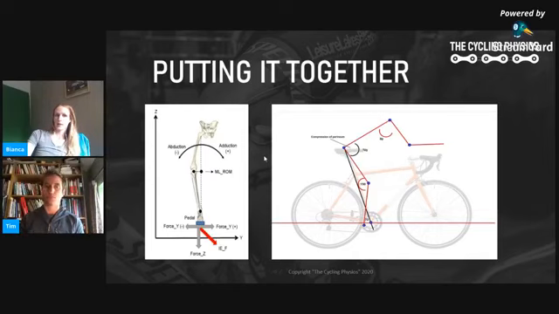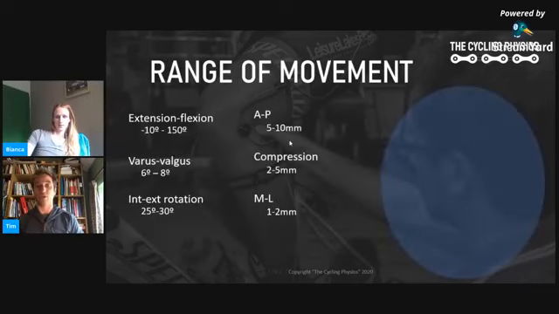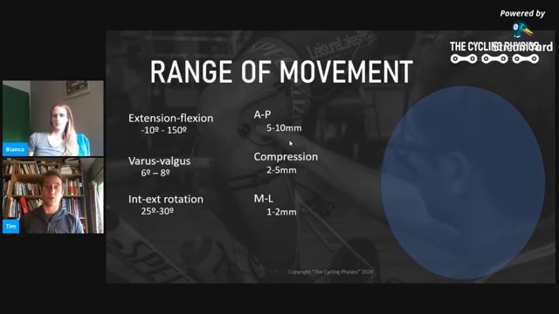So the Z plane in this case is looking at what that knee is doing in terms of not just the flexion and extension, but all of those other movements that do occur. And also making sure that we're looking on both sides and comparing left and right, because we are asymmetrical. So you've got to appreciate both sides.